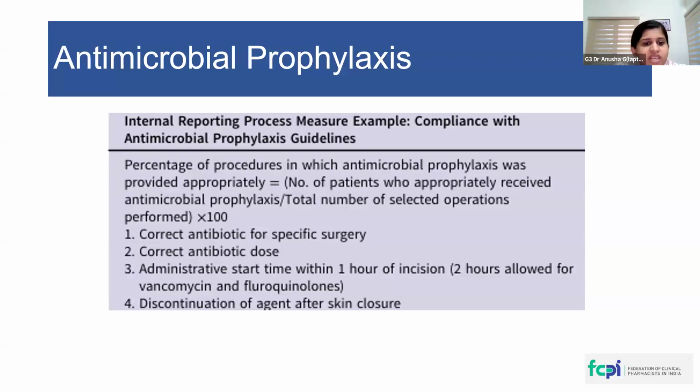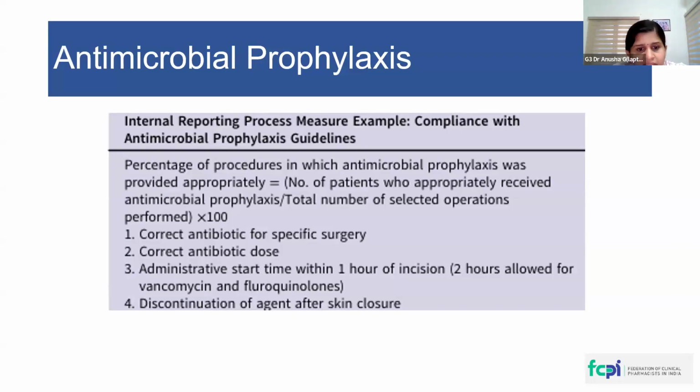And if you see about antimicrobial prophylaxis, what they enforce is the correct antibiotic should be chosen for the surgery. So for each surgery, a specific antibiotic has to be chosen. Generally, the antibiotic will be a second generation cephalosporin, but for some rare cases, the antibiotic varies. For example, in certain surgeries, you prefer vancomycin. So the correct antibiotic has to be chosen for the specific surgery.